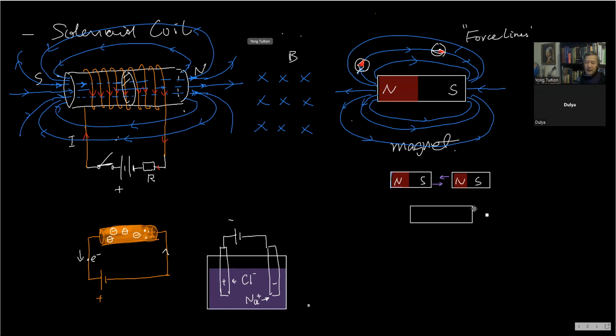The length is doubled, but the poles are still just two. So you get south, north, and south. That is a property of a permanent magnet, and this property is similar to the positive charge and negative charge.